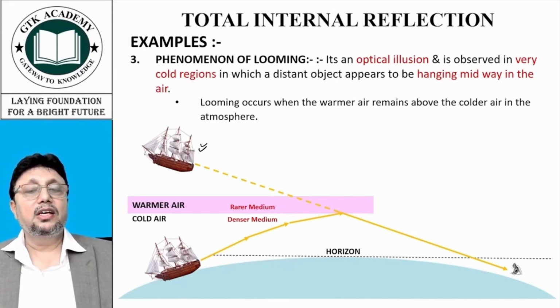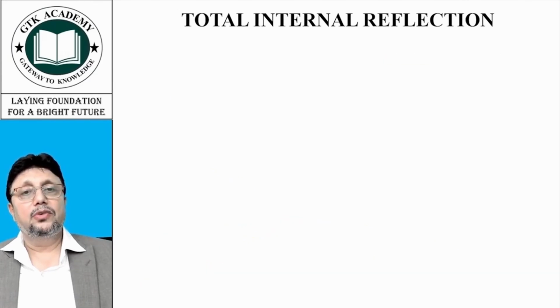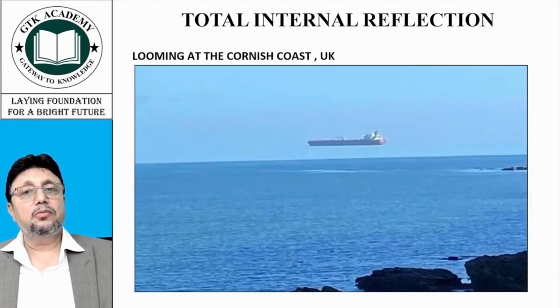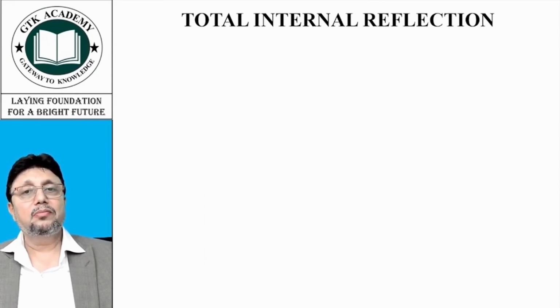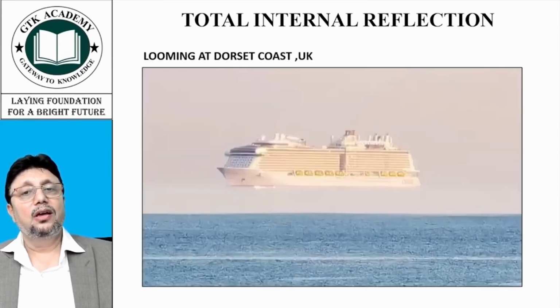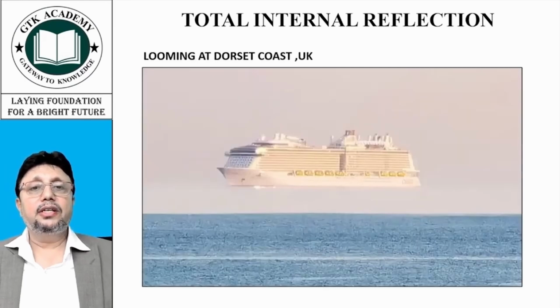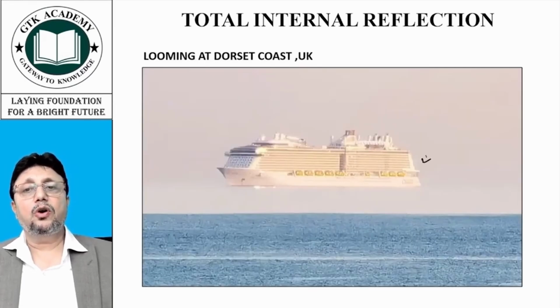This phenomena is called looming, and you can see there's a snapshot of looming. You can see the ship which is very far, which is not seen by the observer who is standing on the beach. So it is beyond the line of sight, but because of this phenomena of total internal reflection, it appears to be hanging midway in air.